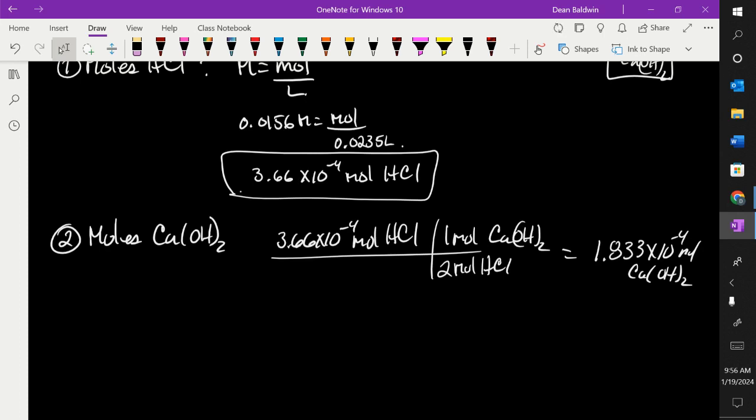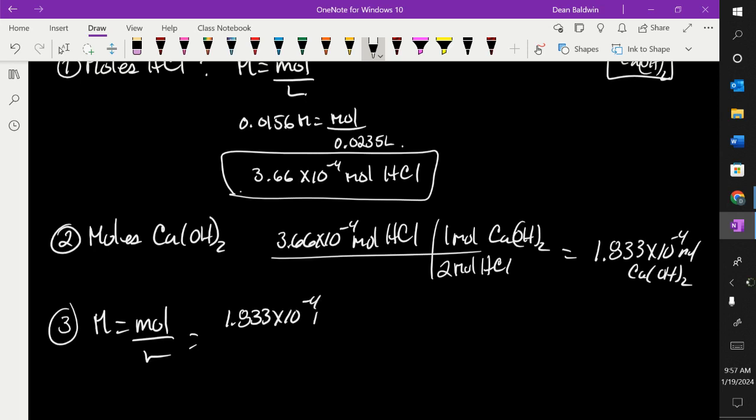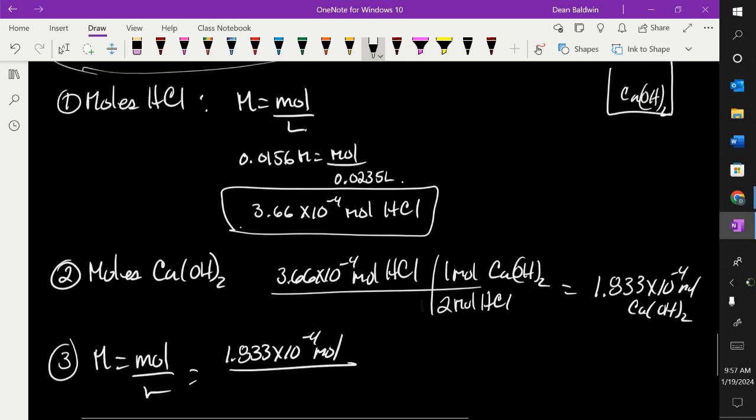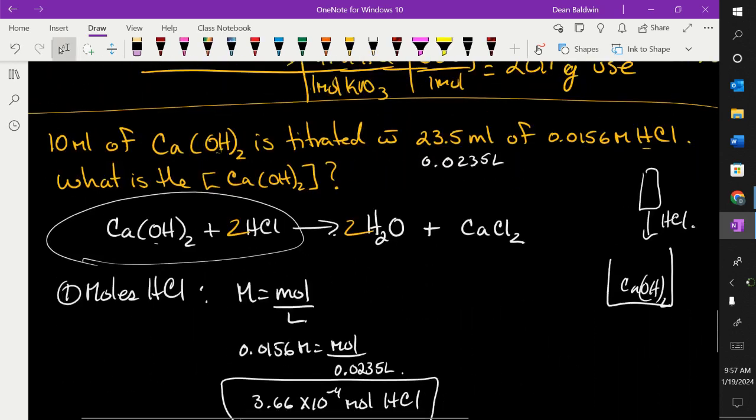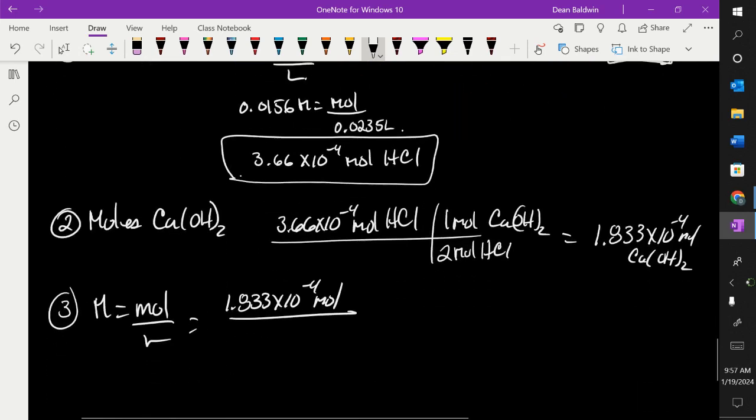Is everybody clear why we did that? Yes? Okay. So they're asking for the concentration. What's the formula for concentration? Molarity is moles per liter. I know how many moles we have. What's the volume? 10 mils, which is, right? 0.01 liters.